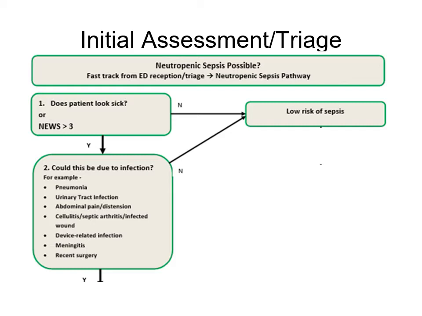If the patient doesn't look sick and has a NEWS score of lower than that cutoff, then they're at very low risk of sepsis, and we don't need to proceed any further with looking for this. However, if they do, then we do need to proceed to the second step, which is, could this be due to an infection?